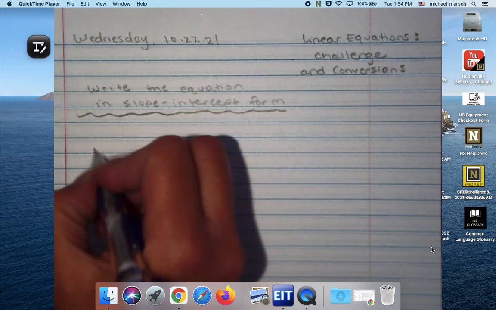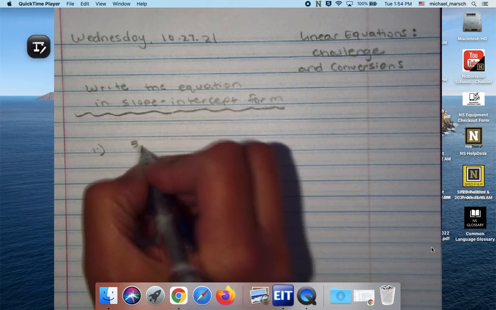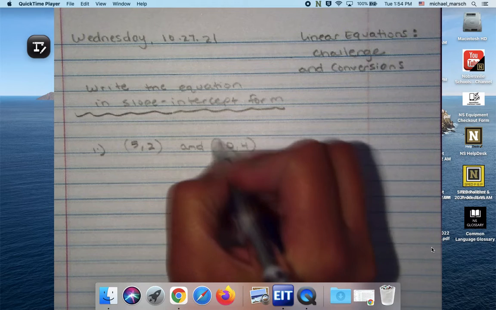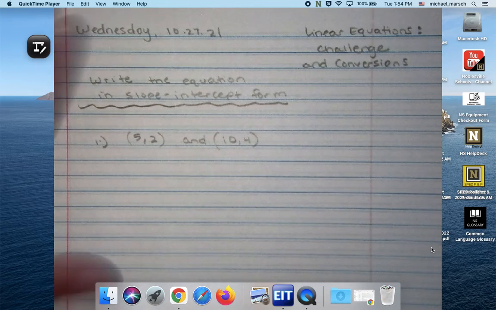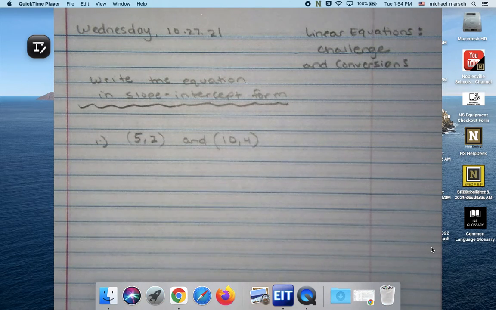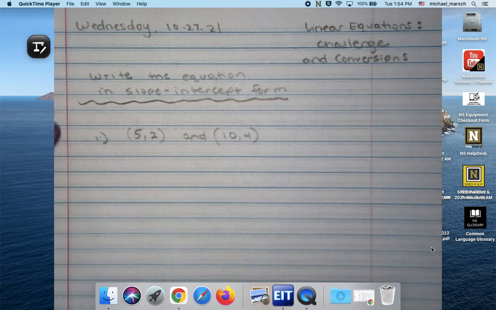Okay, so if I give you 2 points, what I want you to do is think about everything you know about slope-intercept, point slope, and standard form, and tell me how can you use these 2 points to create an equation in slope-intercept form. Don't say it out loud. Just think to yourself, what kind of strategies could I use? What do we need for slope-intercept form?